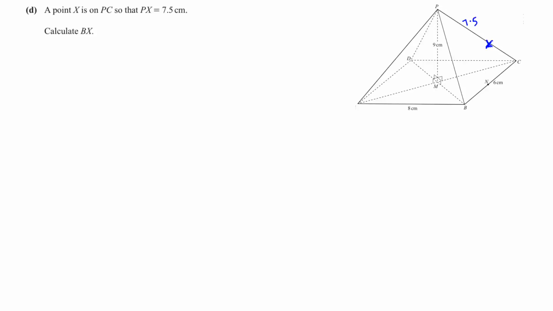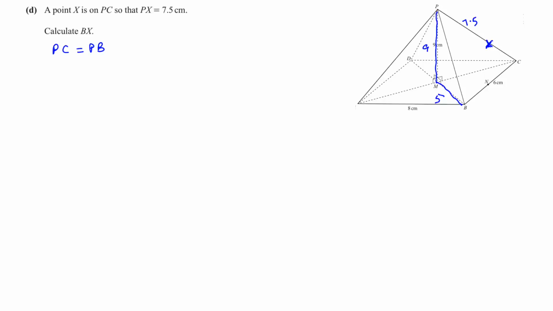Beginning with, we need to find the length of PC, and we know that PC equals PB. To find that, we are going to use the triangle PBM. We already found BM, which is 5, and PM, which is 9. Now to find PB, we need to understand that it is the hypotenuse.